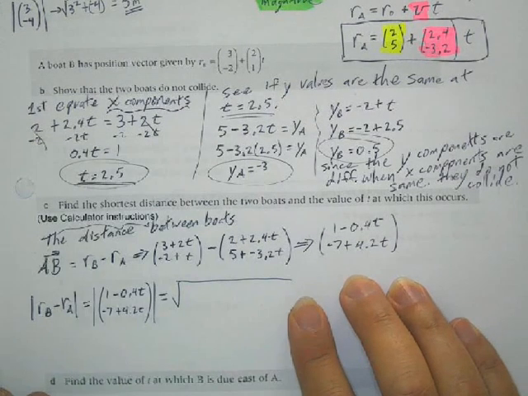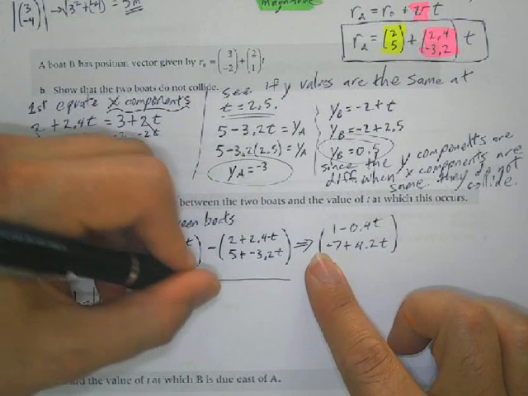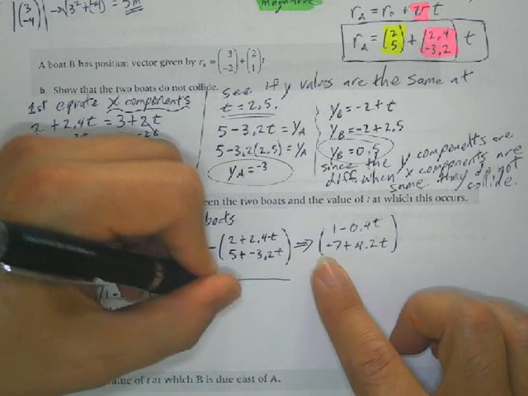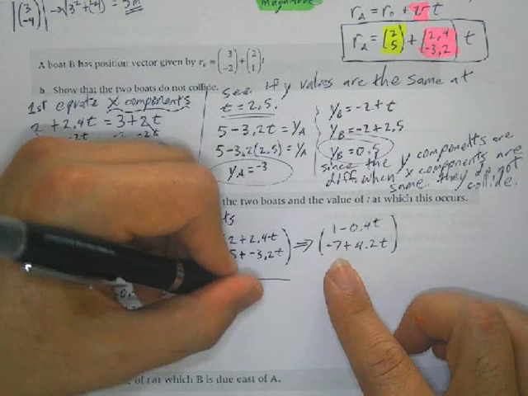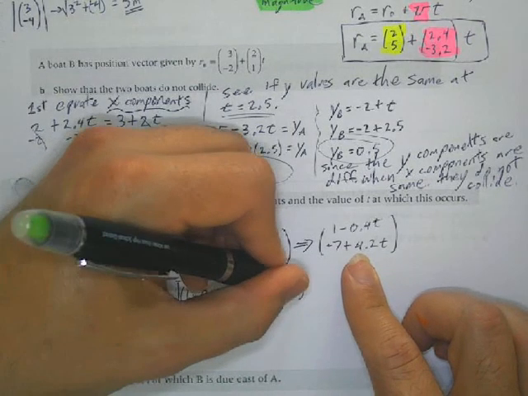I'm going to type in 1 minus 0.4t quantity squared plus negative 7 plus 4.2t quantity squared.